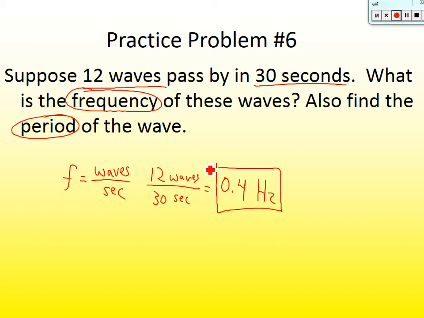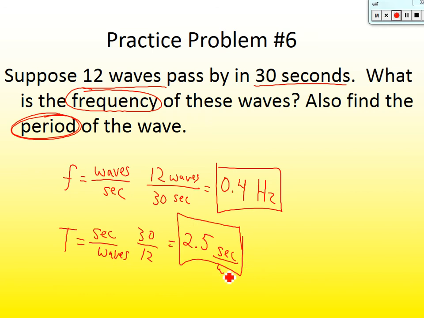Now that I've found the frequency, how am I going to find the period of this wave? Isn't it just the inverse? So T is equal to seconds divided by waves. So wouldn't it be 30 divided by 12? Okay, what is that? Perfect, 2.5. So what are my units? 2.5 what? 2.5, and the units for period is seconds.